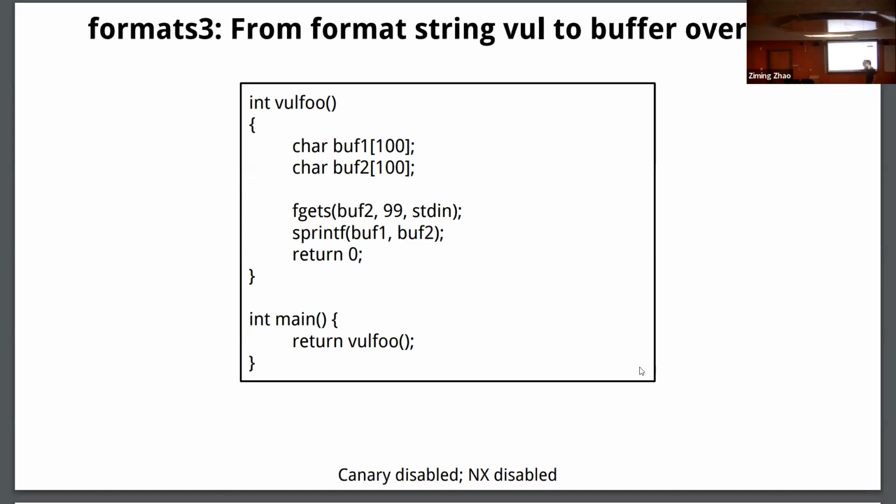The main function only calls vul_func here. It has two local variables at the stack level, 100 bytes each. Then there's an fgets to get input from stdin, and it's only getting 99 bytes. And fgets will append a null byte and a newline there.